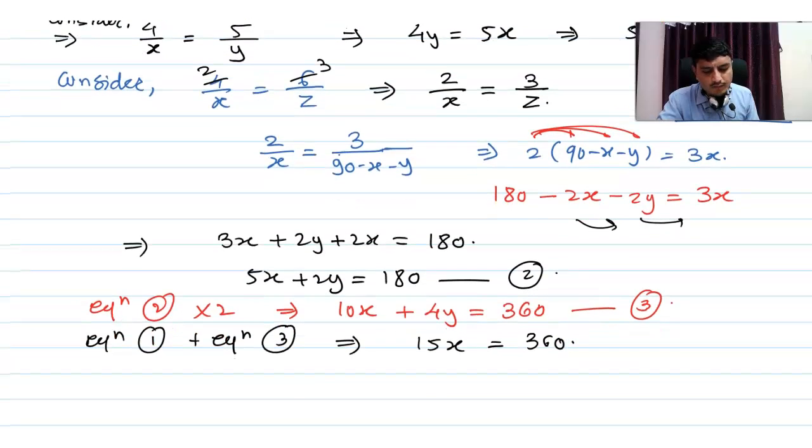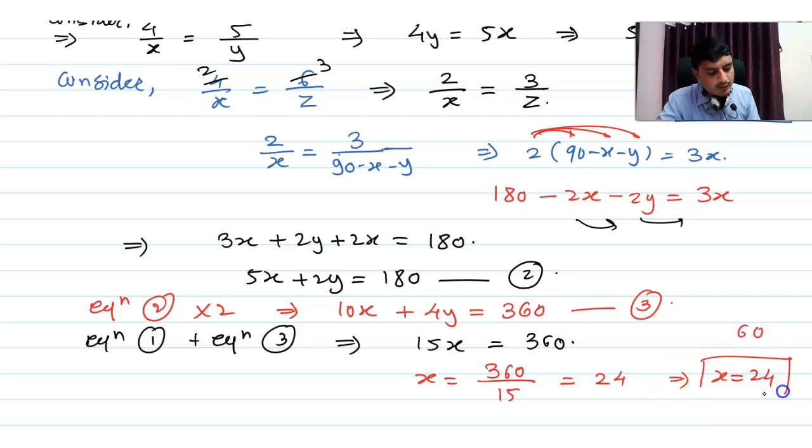Now once we shift 15 from LHS to RHS, the value of x is 360 divided by 15. 15 2s are 30, remainder is 6, bring down 0 to get 60, 15 4s are 60, so the value of x is 24. Now to evaluate the value of y, already we have from equation 1 that 4y equals 5x.